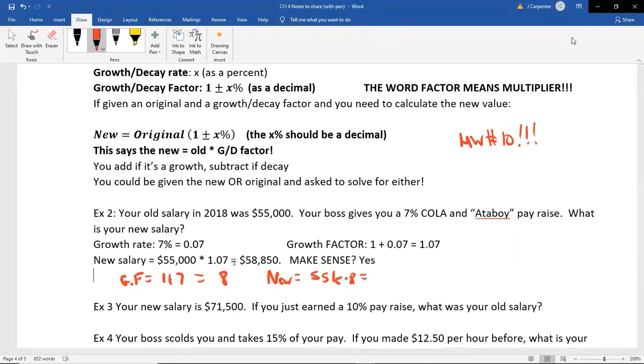It would be $440,000. Does that make sense? No. If you got a 7% raise, you're not going from making 55 grand to $500,000, not in your wildest dreams. So that's showing us that the growth factor was probably wrong.